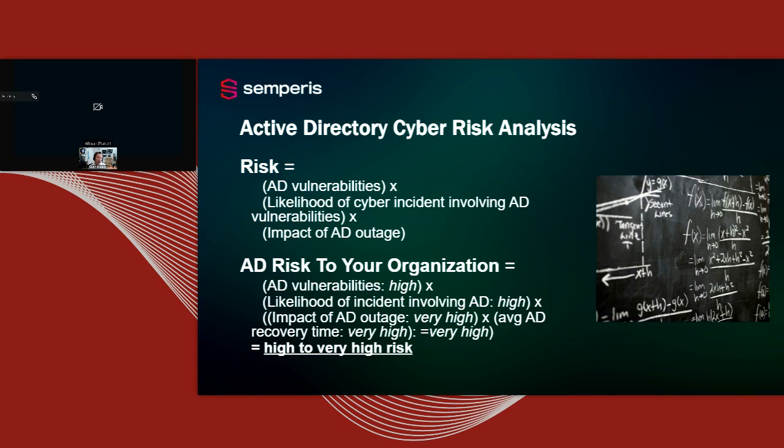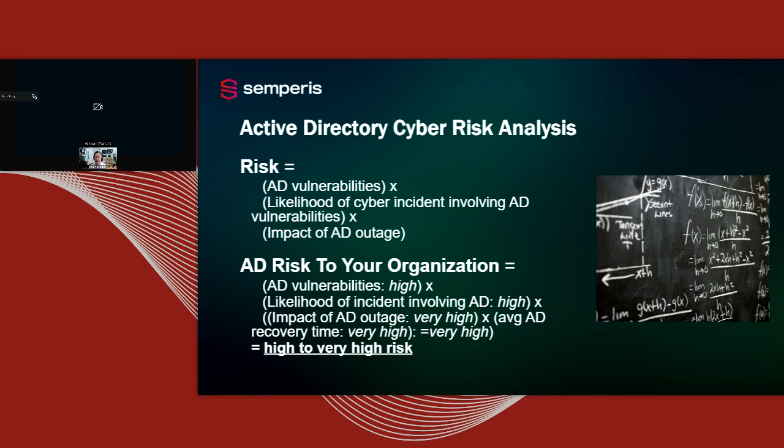Now, if you run Purple Knight, our free community tool, you'll already have an idea of the number of vulnerabilities that you have in your Active Directory environment. And you probably have a lot. Everybody has a lot. Don't feel bad. That's just been our experience. More than 30,000 organizations have downloaded Purple Knight, and pretty much everybody gets a bad score. So the vulnerabilities are high.